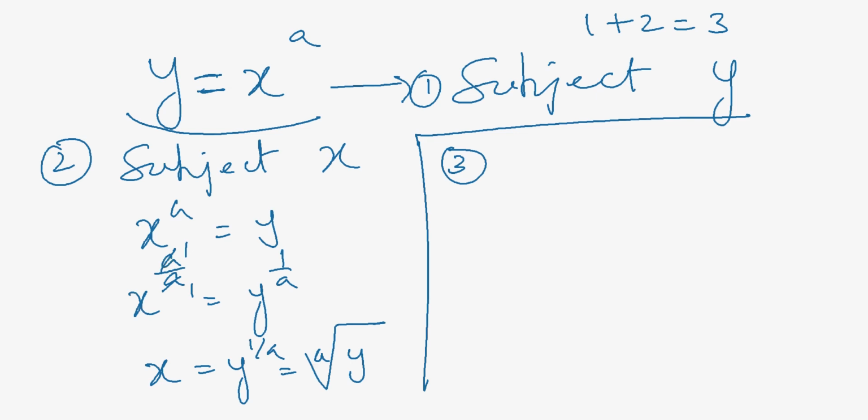So if an equation contains three variables, then what are all the three possibilities? Like we discussed about the 1, 2, 3, right?